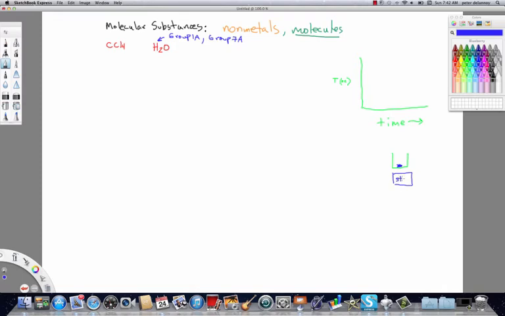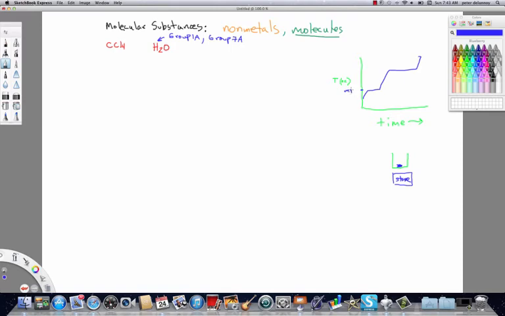All right, and the stove is set up so that we're heating the substance at a constant rate. And then we just keep track of what's going on with the substance over time as we measure its temperature. And what you're going to see is a curve that's going to look something like this. Just a rough sketch.